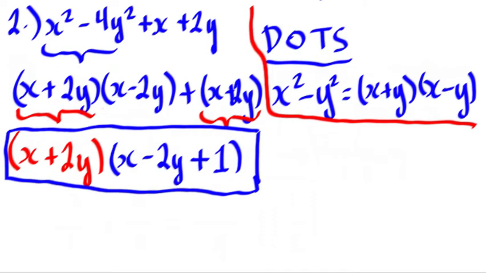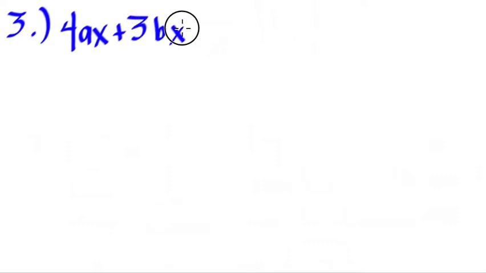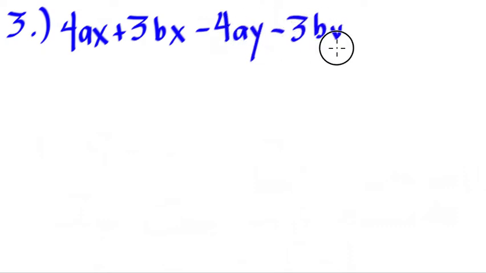For the third example for factoring by grouping, maybe we can stop by the fifth example or the fourth. Say we have 4ax plus 3bx minus 4ay minus 3by.